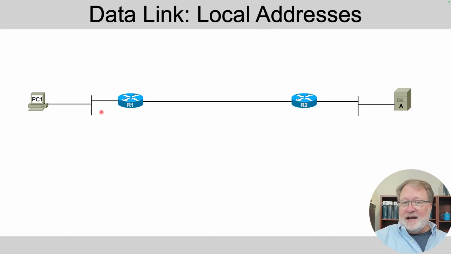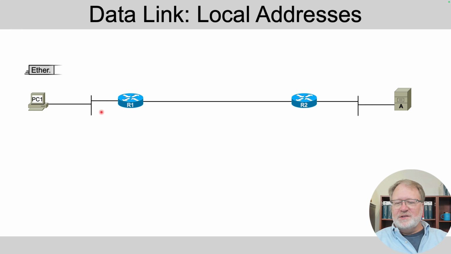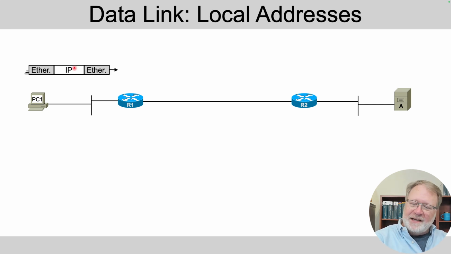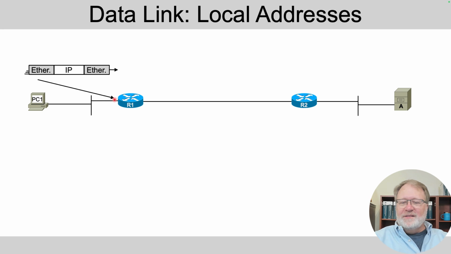To accomplish that, the data link layer, certainly the LAN data link layers, define addresses. These are addresses that are local to each LAN. So for instance, when PC1 sends an Ethernet frame hoping to get that IP packet over to router R1, the destination Ethernet address in the Ethernet header refers to R1's Ethernet address over here on its left-hand interface.